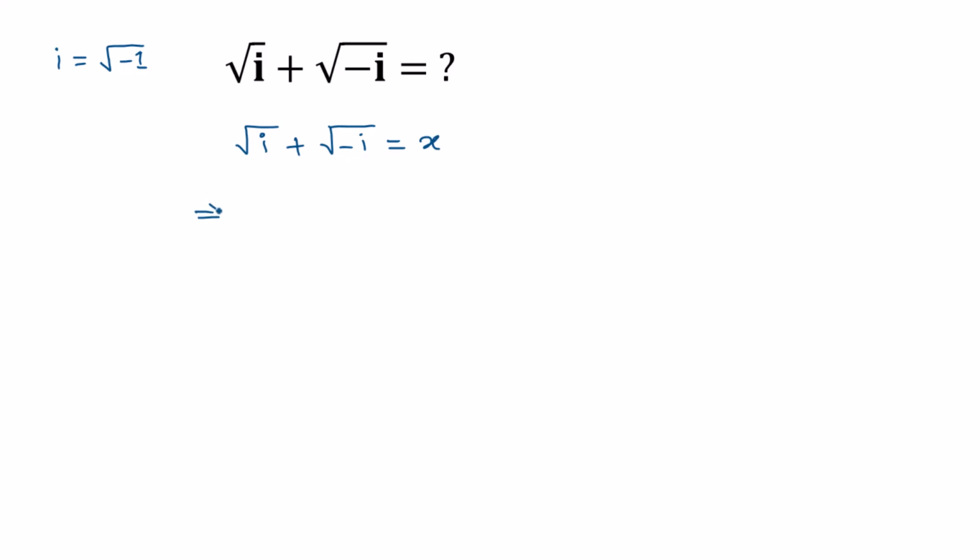Now taking a square to both sides, we can write square root of i plus square root of negative i, whole square, is equal to x square on the right side. We have taken this square to both sides.